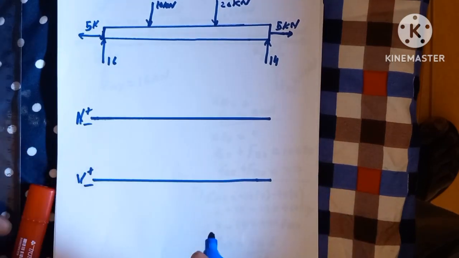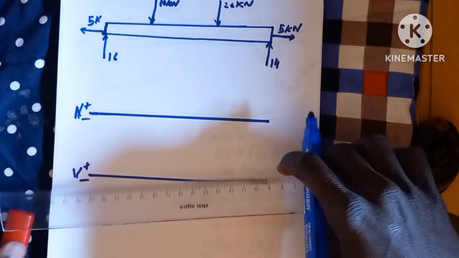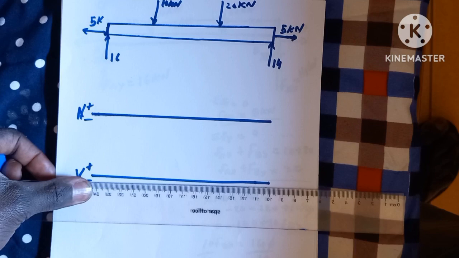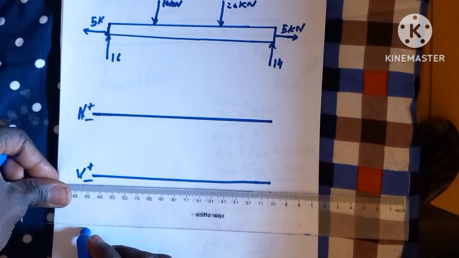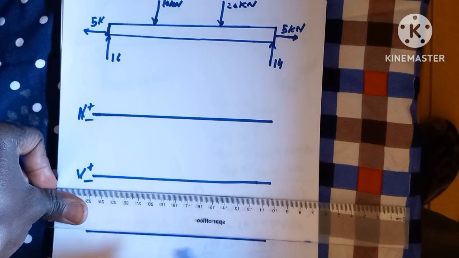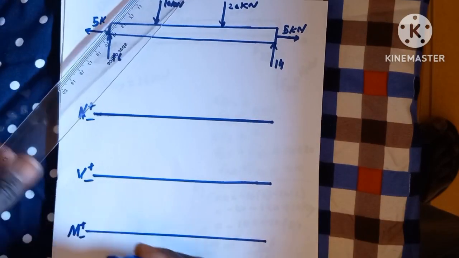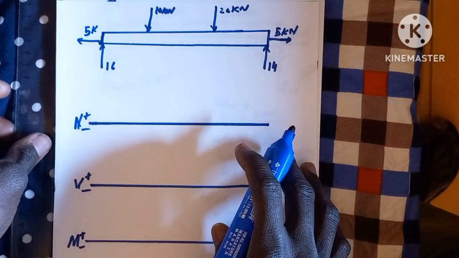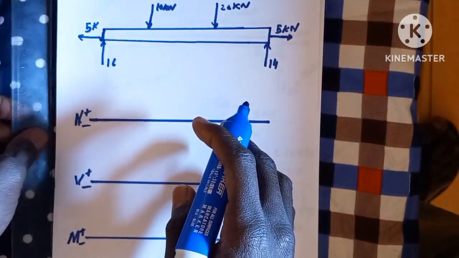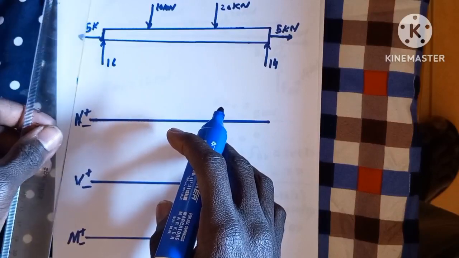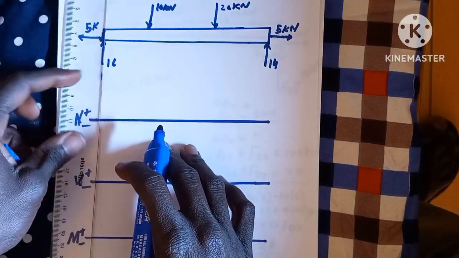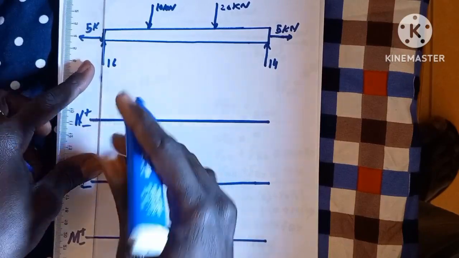And the next one here would be our bending moment. Here we have our important points, right? The next thing is to recognize your points of interest. There are going to be some important points on this graph.